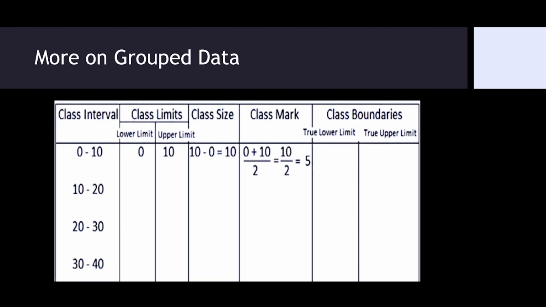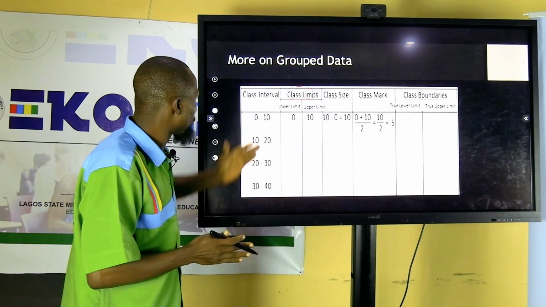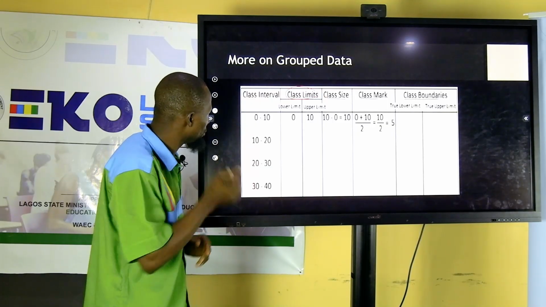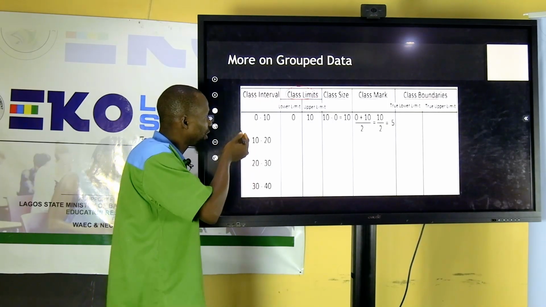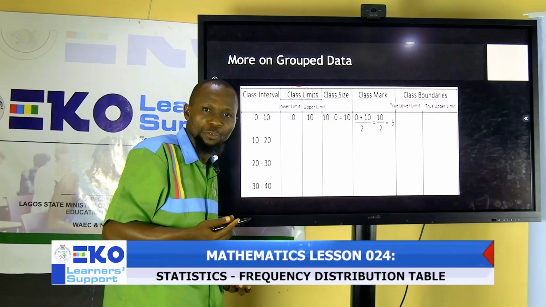There are some things that we need to write out there. What do we mean by class limit? What do we mean by class size? What do we mean by class mark? What do we mean by class boundaries? From this data we have presented here, you have to note something. Maybe in another example, we also try to bring out some of those things.